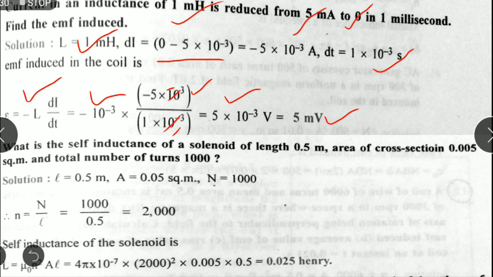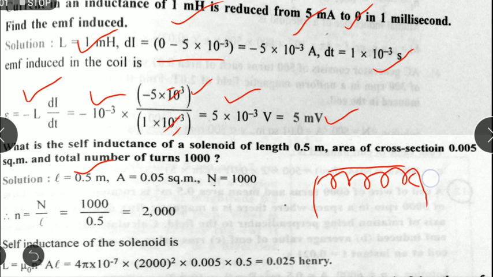Okay, next problem. What is the self-inductance of a solenoid of length 0.5 meter, area of cross section 0.005 square meter, and total number of turns 1000? So in a solenoid, its length is given as 0.5 meter.